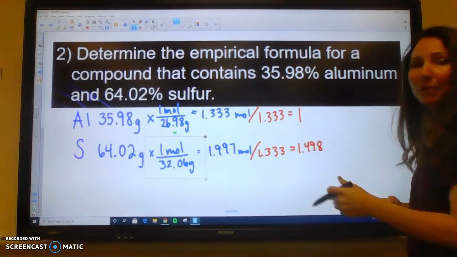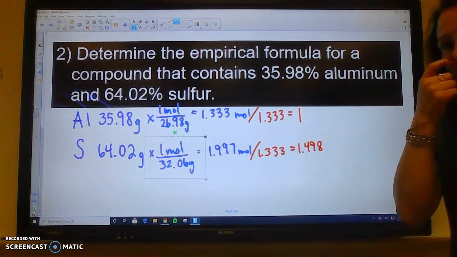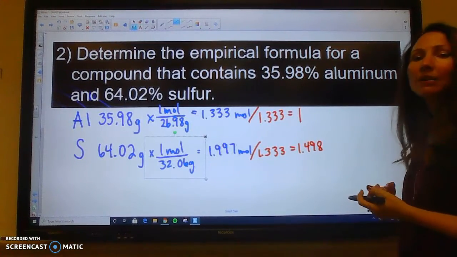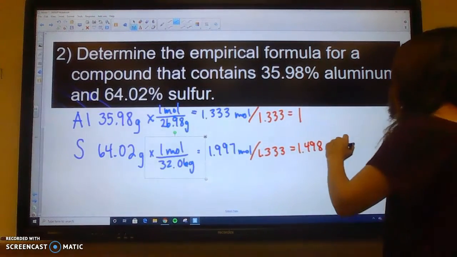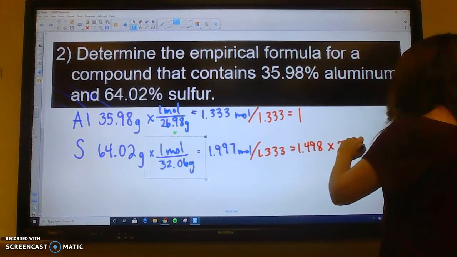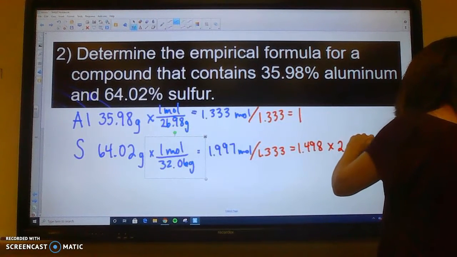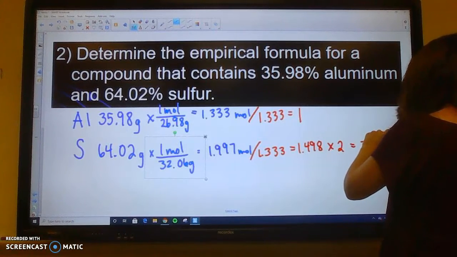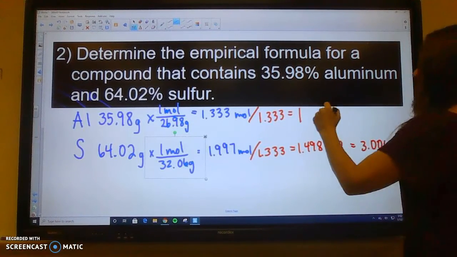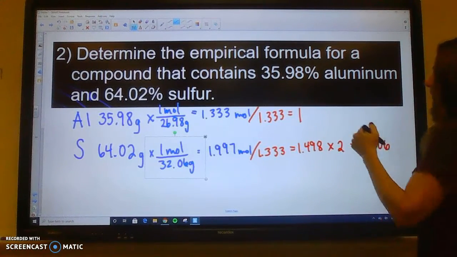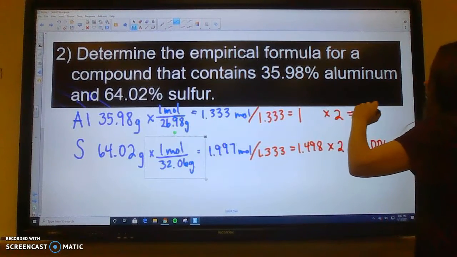Now, this can't be rounded to a whole number, so we have to use the process of trial and error, multiply to see if we can get a whole number. Let's try multiplying times 2. That's going to give us 3.006, something like that. And that does work out to be a whole number, so we do the same thing here.